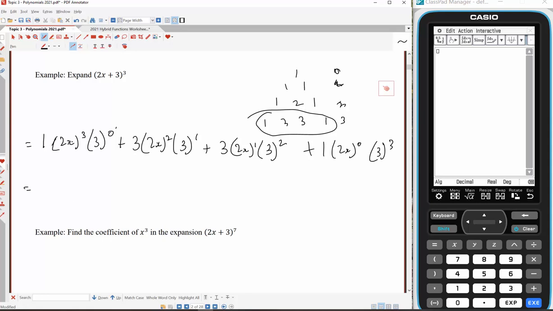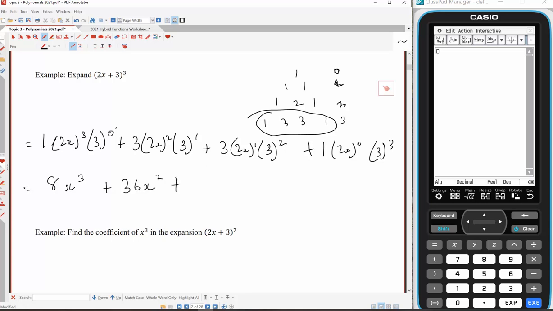Alright, now let's evaluate this. So we've got 8x cubed, 3 to the 0 is 1, times 1, plus 3 times 4 is 12, 12 3s are 36. Hang on, did I get that right? 3 times 4 is 12, 12 3s are 36, yep.